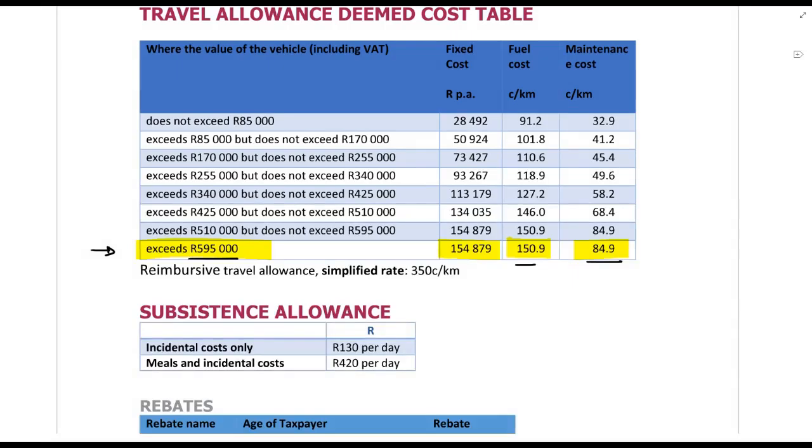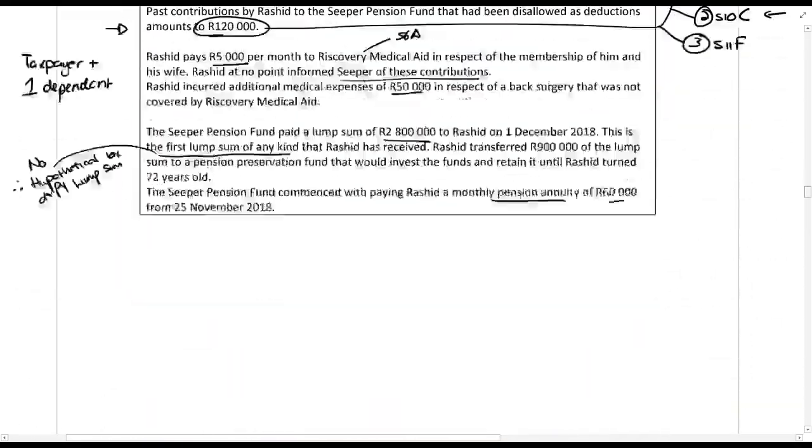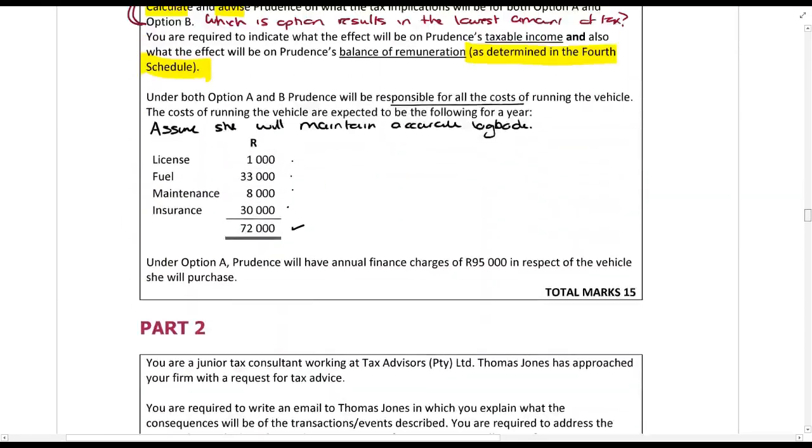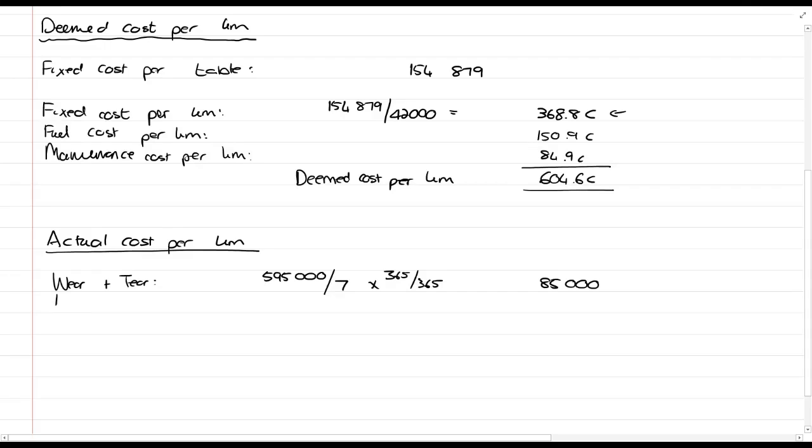Then the question also told us that she incurred finance charges of 95,000 rands. Now that 95,000 you need to apportion, because you can only calculate it on the maximum value allowed for the travel allowance, which is the 595.